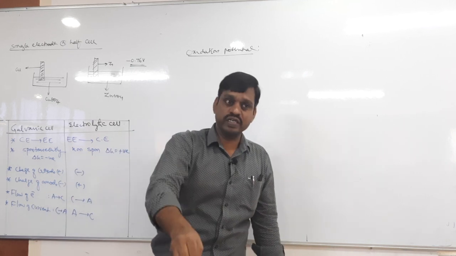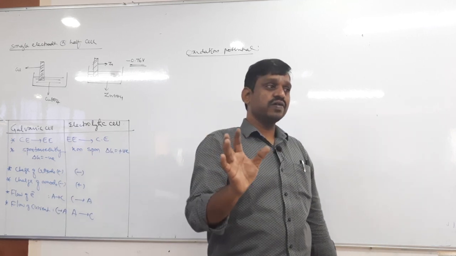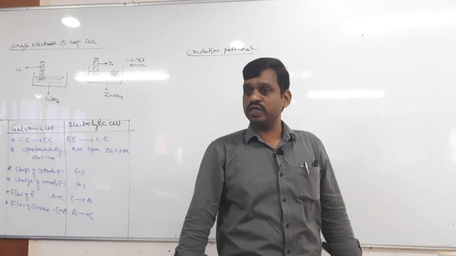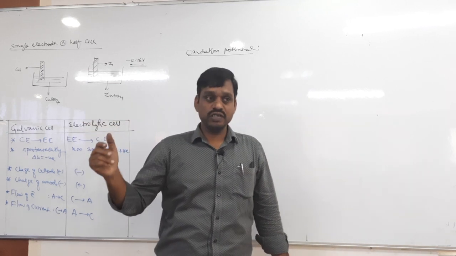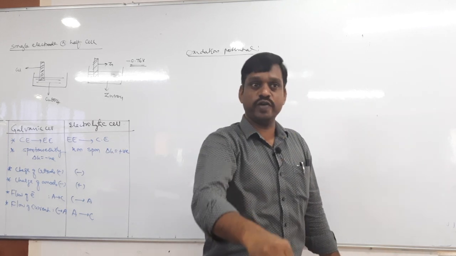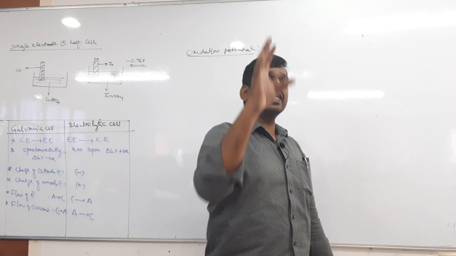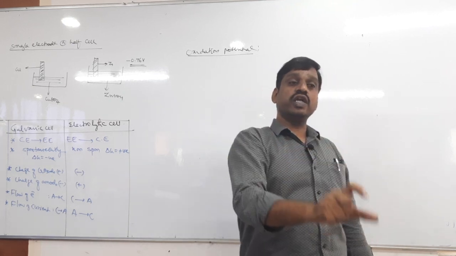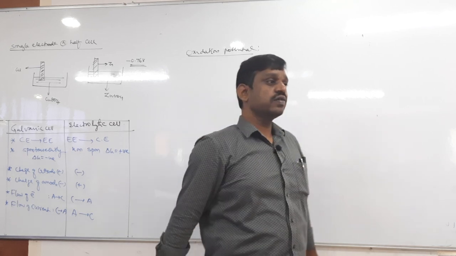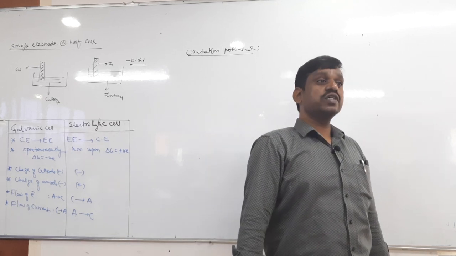If it undergoes oxidation, potential will be developed. That is called oxidation potential. Can you tell me an example? Zinc, very good. When zinc electrode is placed in its own solution, zinc sulfate, zinc electrode undergoes oxidation. So during oxidation, potential difference is developed on the zinc rod, that is called oxidation potential.